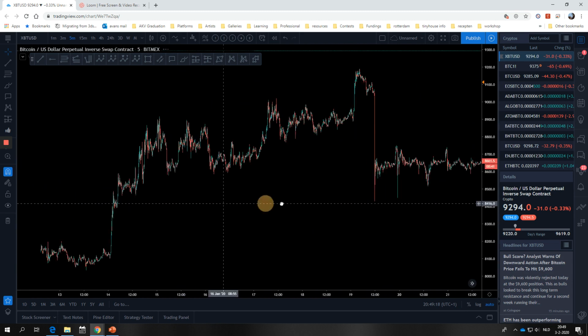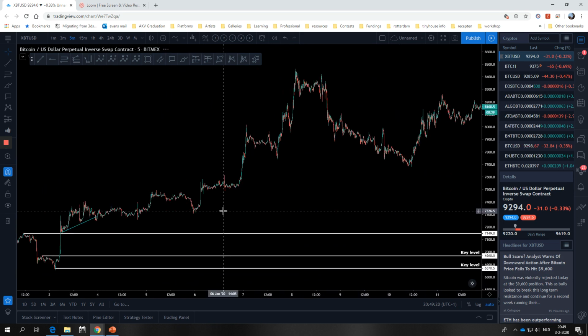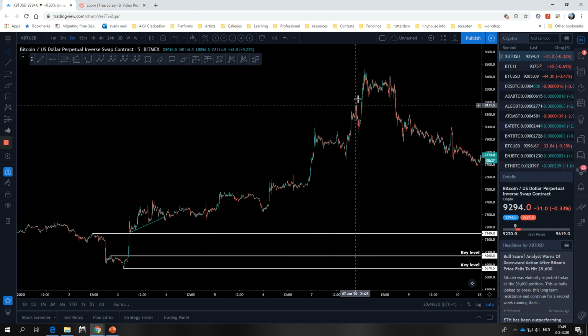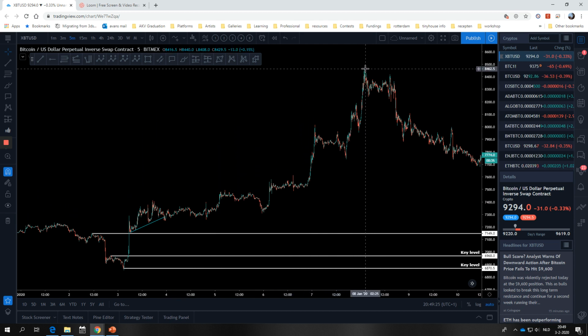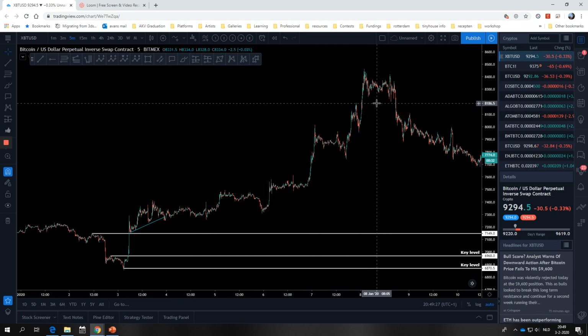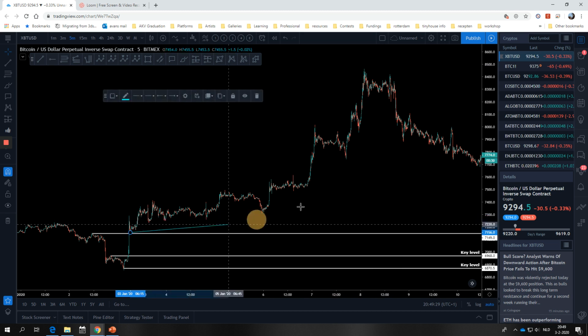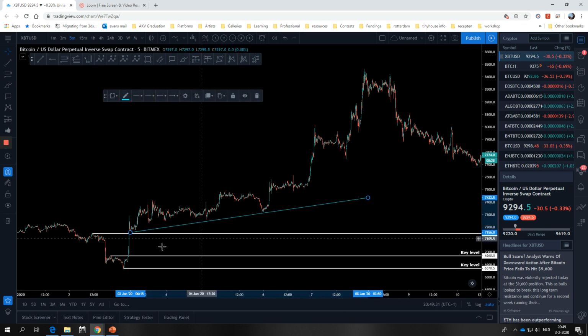If I can find it back here, it brought us basically all the way up to 8.4k, and that's the power of market structure that I find very nice to use.